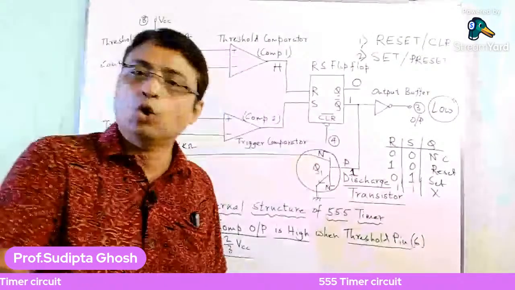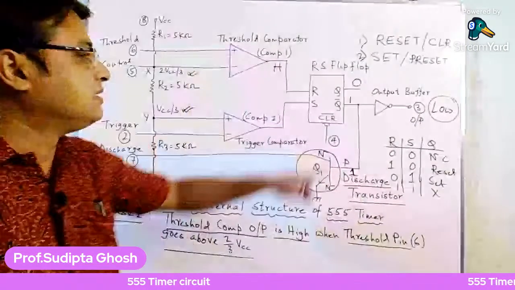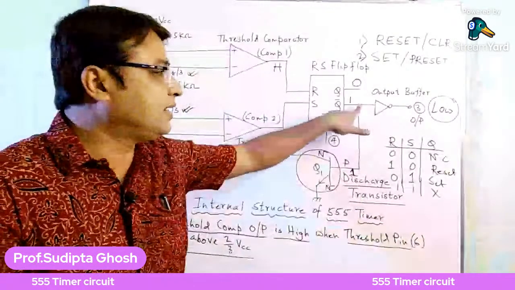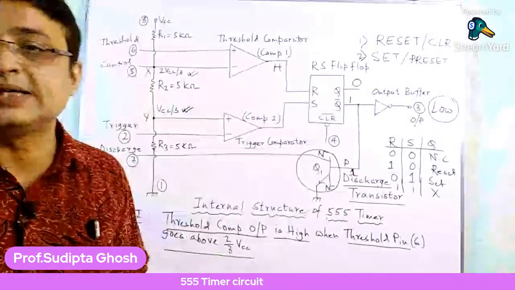Now when this Q bar is high, it turns the Q1 transistor into its saturation state. What does it implicate?